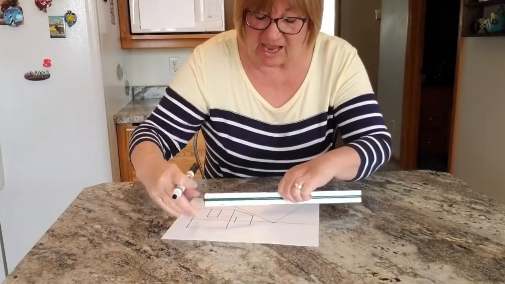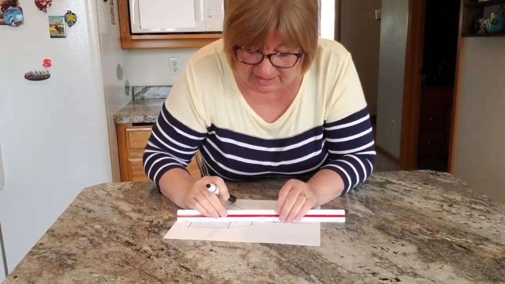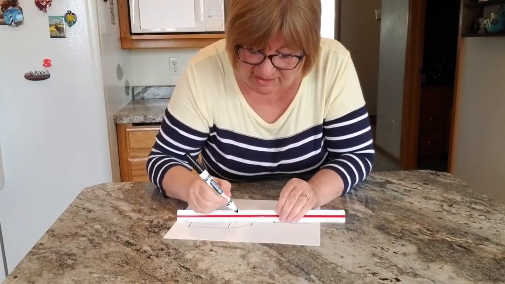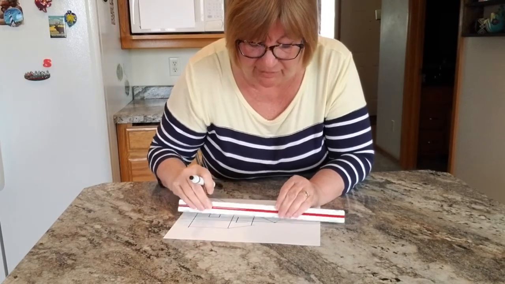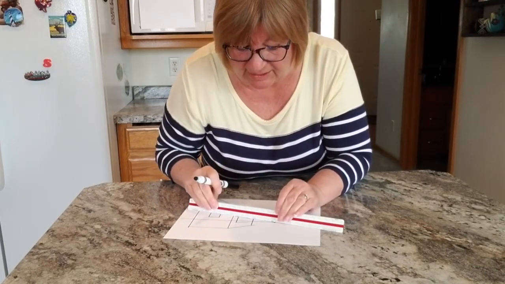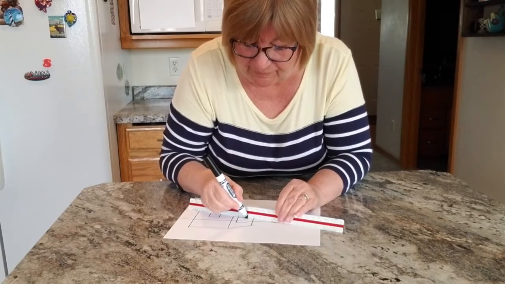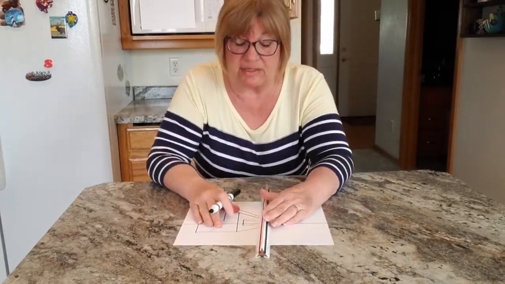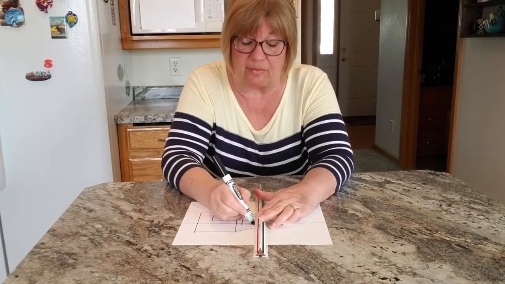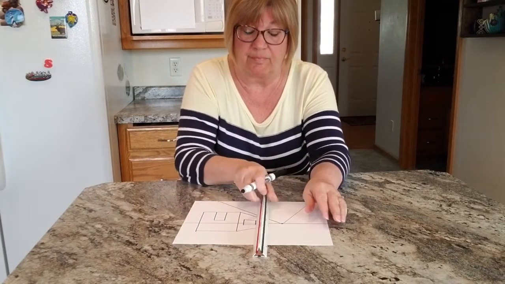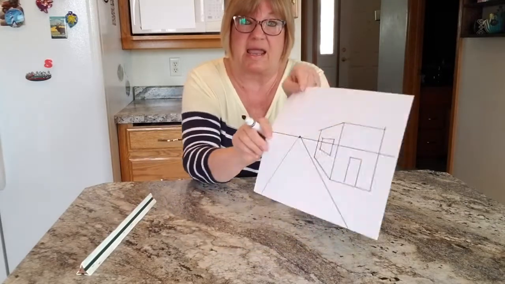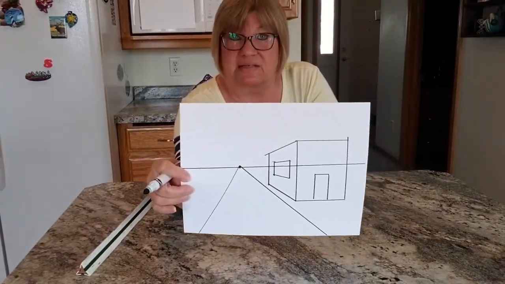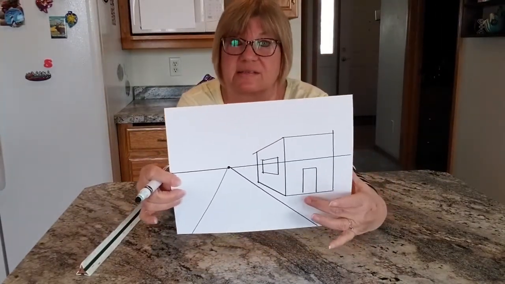And from the top corner of that line, I make a line that goes back to the vanishing point. For the bottom corner, I do the same thing. And then where I want that window to end, I'm going to make a straight line up and down. And I get a window that goes back into the distance and a door that doesn't.